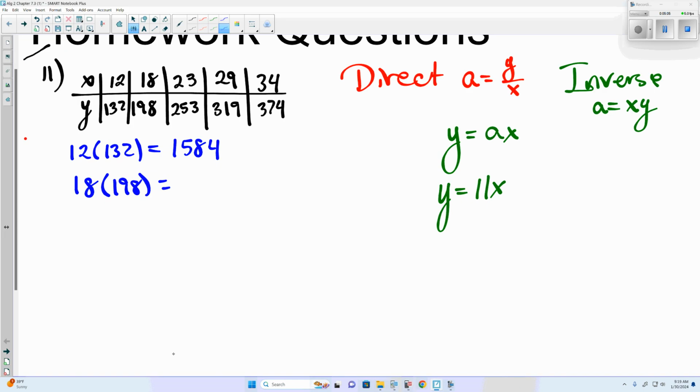So see how we got two different amounts here? So it's not inverse. The same thing would happen when we were doing y over x, where we got 11, then got a different one. It's not direct, though. Does that kind of make sense? Because if it's direct or inverse, we should have this constant amount relating the x and y to each other. Does that kind of make sense?